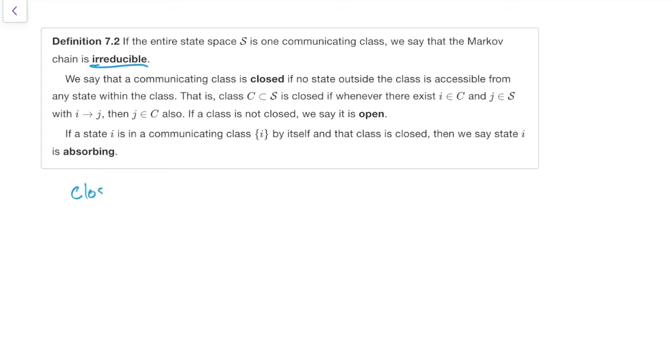So closed is once you get into the class, you stay there. And if it isn't closed, we call it open, which seems like a totally reasonable word for something that isn't closed.